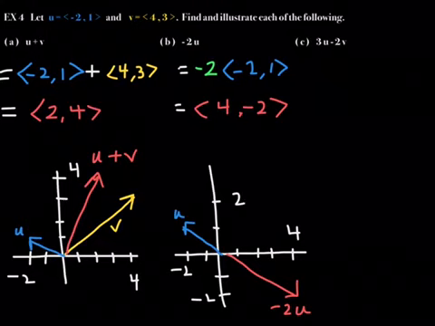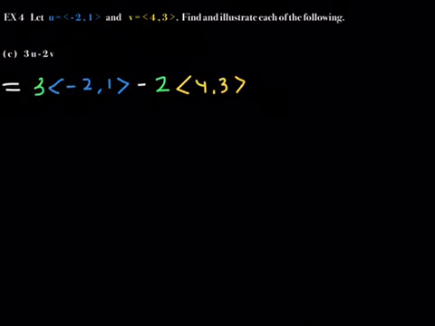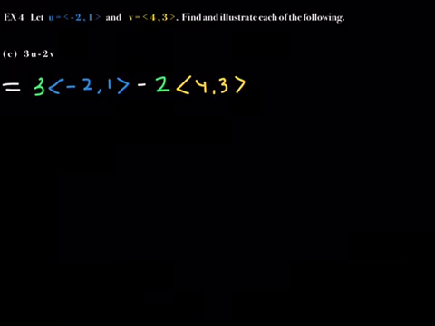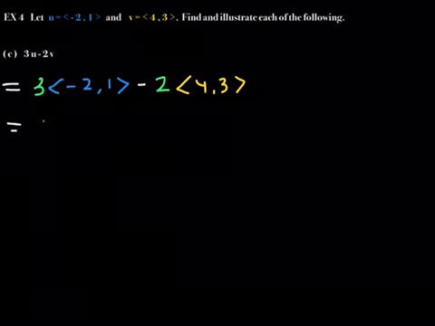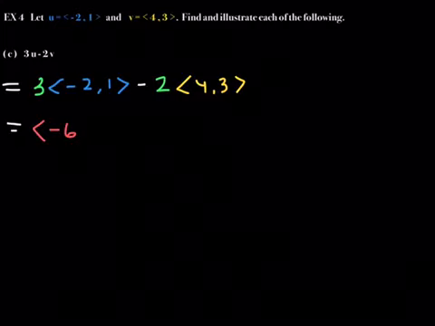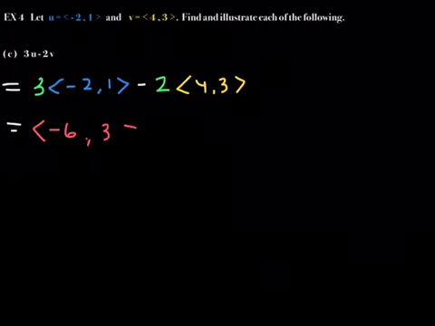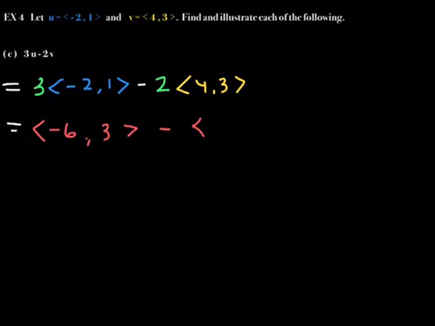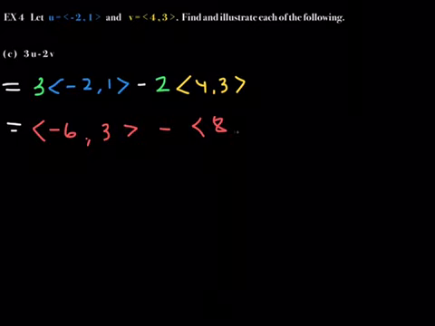All right, one more to do, guys. 3u minus 2v. Okay, we got 3 times vector u minus 2 times vector v. Let's do it. When I multiply each of the components of vector u by 3, I get -6, comma 3. And then minus, when I multiply each of the components of vector v by 2, basically when I double them, I get 8, comma 6.